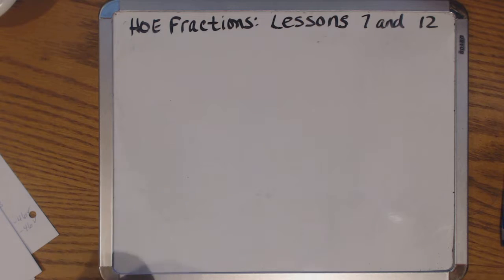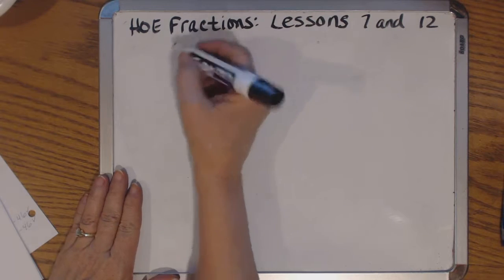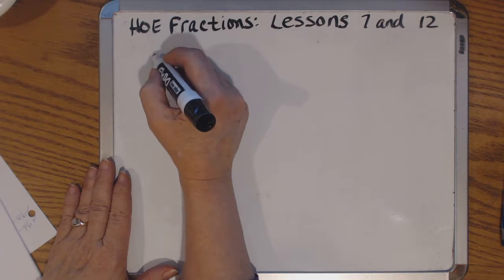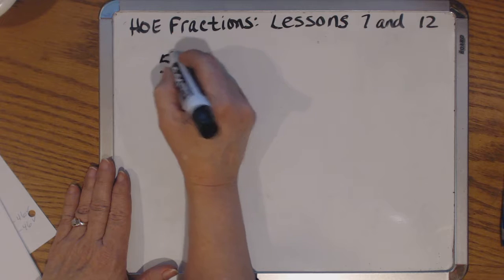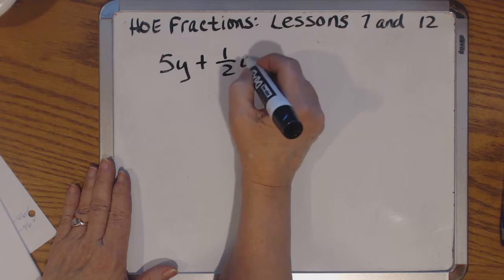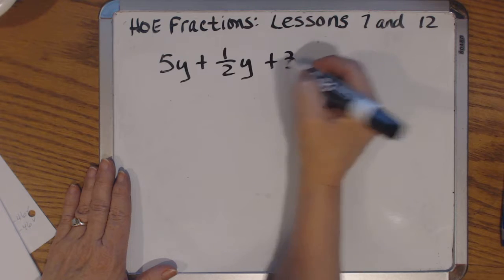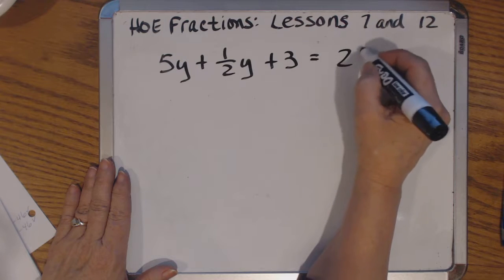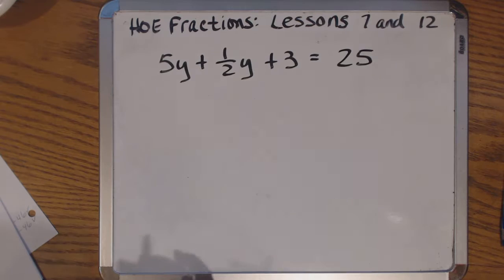Okay, so I'm actually going to use one of the problems on the worksheet itself. I don't have example problems for these. I'm going to say, hey, I've got 5y plus a half of y plus 3 equals 25. All right.